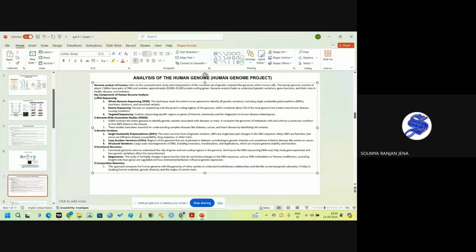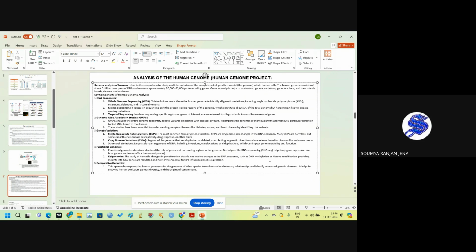Then the epigenomics, the study of heritable changes in gene function that do not involve changes in DNA sequence, such as DNA methylation. If gene hypermethylation occurs, then the gene will be silenced. Or with histones, histone is a protein, if any post-translational modification occurs, like acetylation or methylation, hypermethylation, hyperacetylation, or ubiquitination will occur.